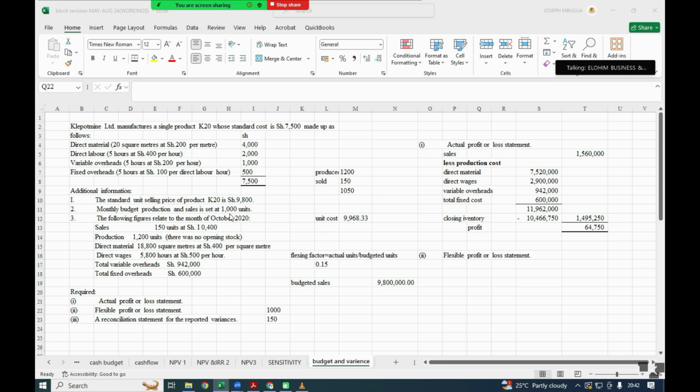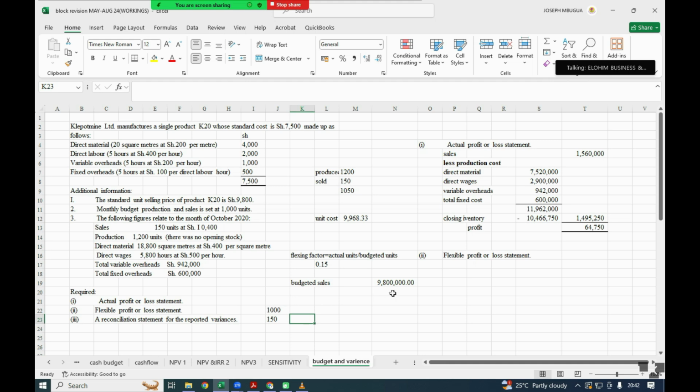We had planned we shall sell everything, and the units that were produced were the same units that were supposed to be sold under the budgeted. But the 1,200 was under the actual results. Under the actual results, the production was 1,200, and they did not have the opening, so we produced 1,200 but we ended up selling 1,150. That's the difference between the 1,200 and the 1,000.